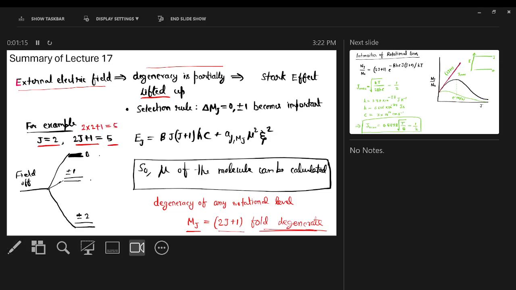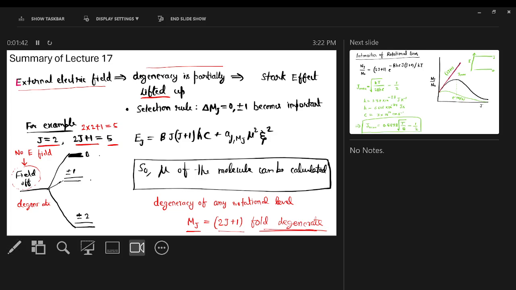When we do not apply any electric field, that is field off, all the 5 levels will be degenerate, meaning all these 5 levels will have the same energy.